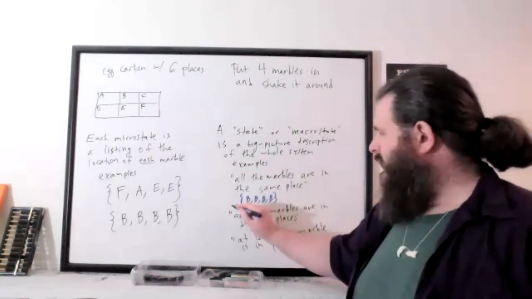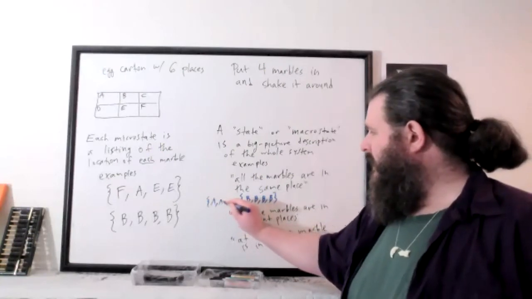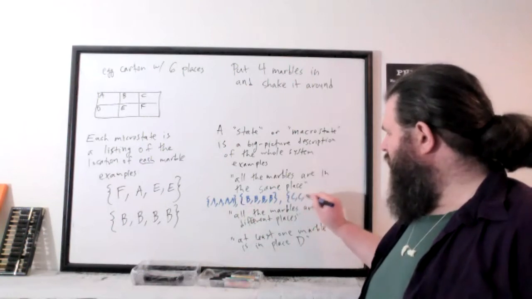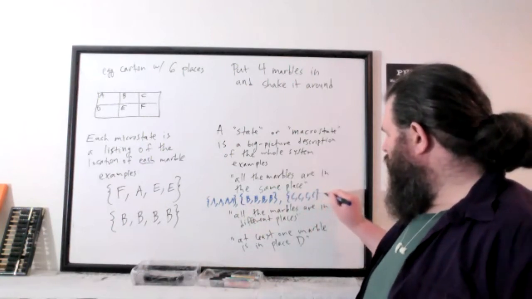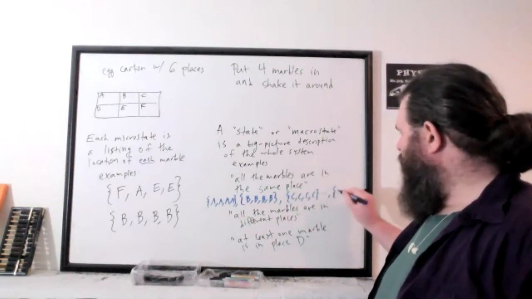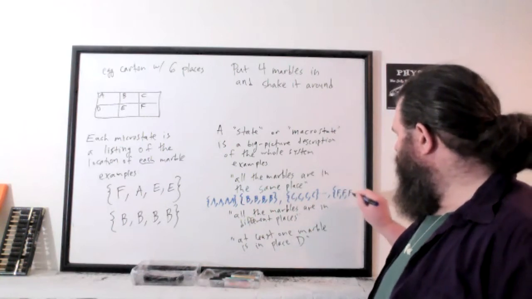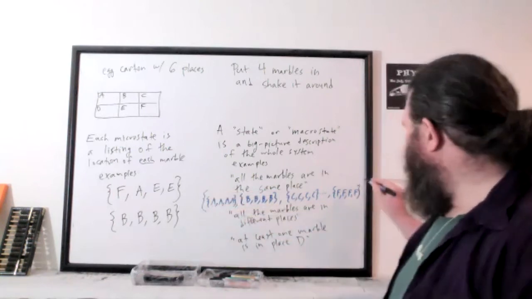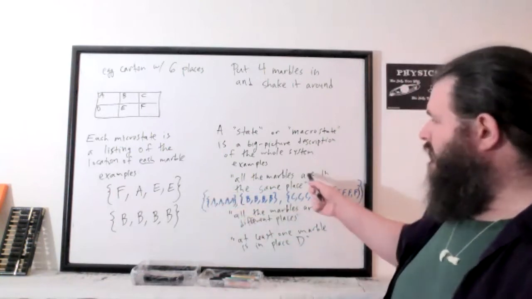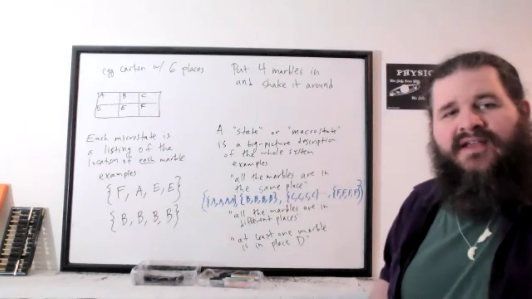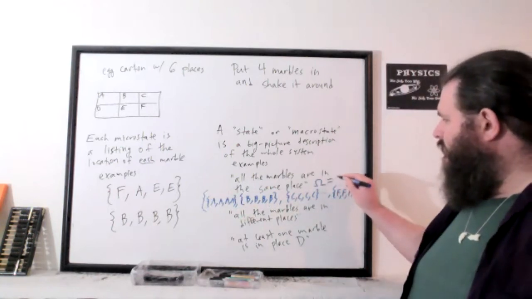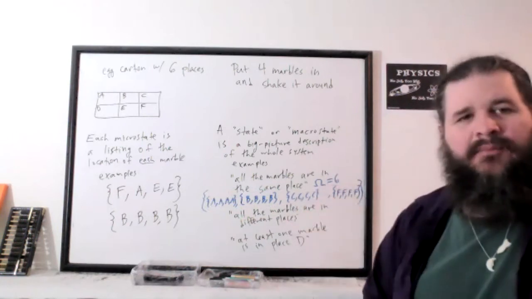So B, or A, or C, all the way up to F. So this would be the list of all of the microstates associated with this state. That's 6 microstates. So we would say omega equals 6, omega being the number of microstates.